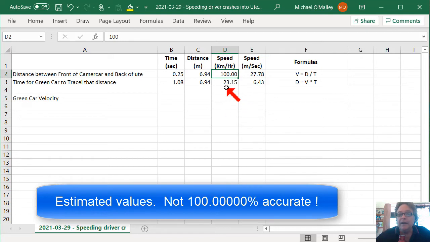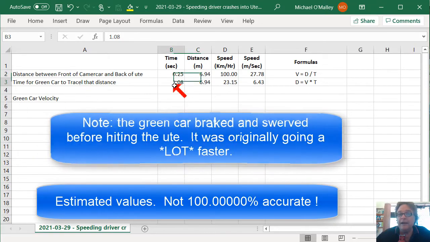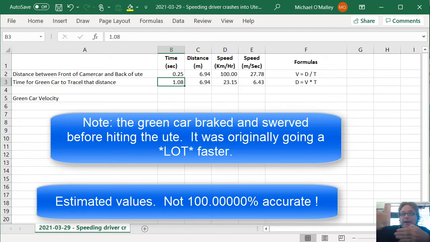That gives us a distance of 6.94 metres between the front of the camera car and the back of the ute. And the green car, when it was level with the camera car, caught up to the back of the ute within 1.08 seconds. It was really a little bit less, but we rounded up to give the guy the benefit of the doubt. And we know the distance, 6.94 metres.